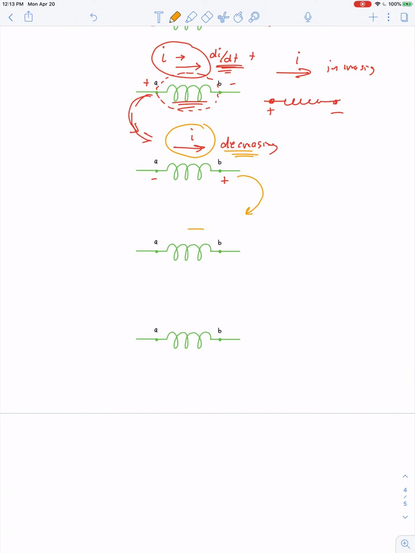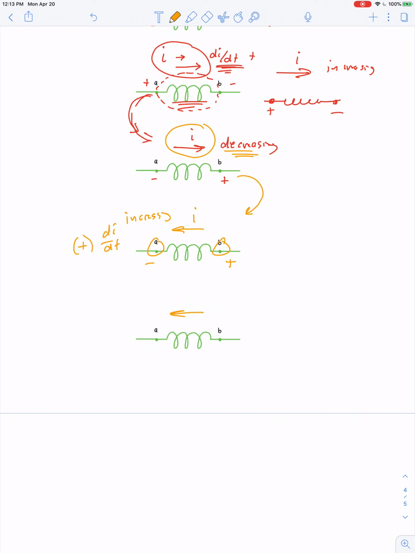By the way, if current flows to the left and it's increasing, meaning di/dt is positive, then can you figure out what the polarity is? Yeah, right. Point B is high potential and point A is low potential.